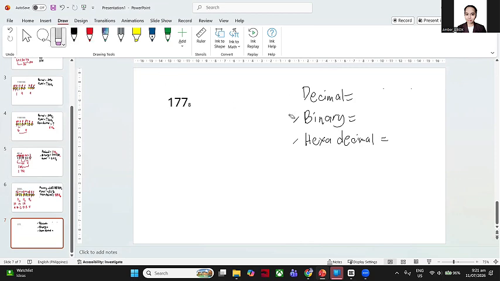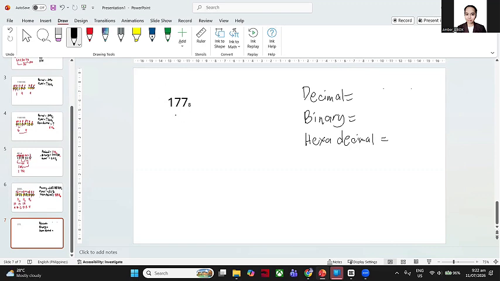So as per previous, we will always find the binary. Why? Because it is easier to find the decimal and hexadecimal when we have our binary. So firstly, we're going to find the binary number of 177, the octal power.